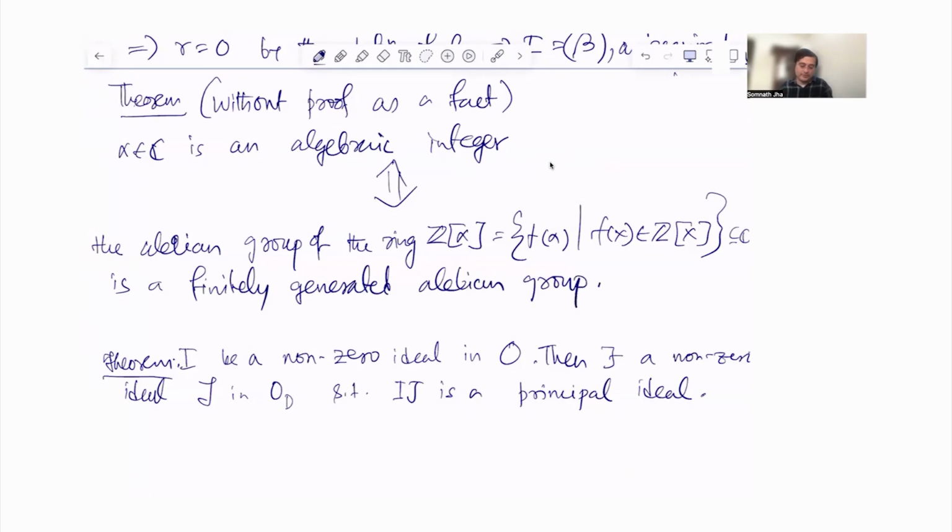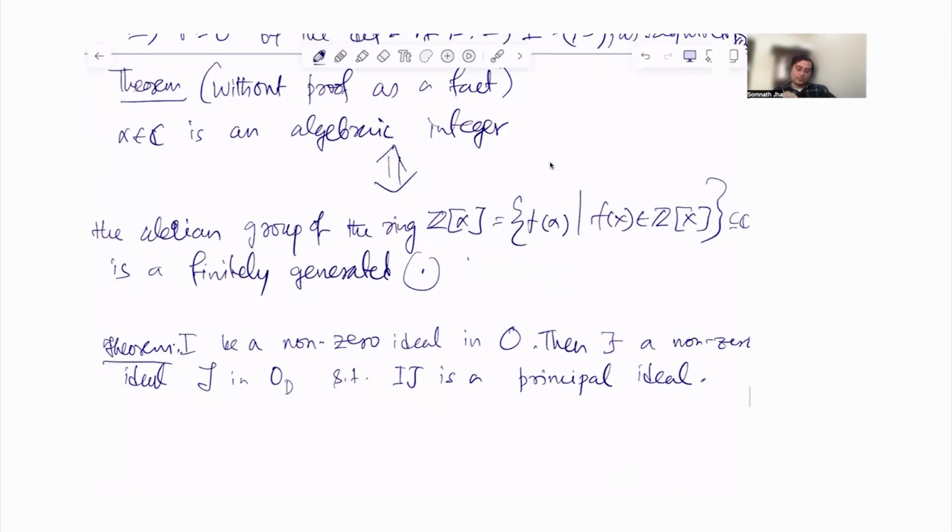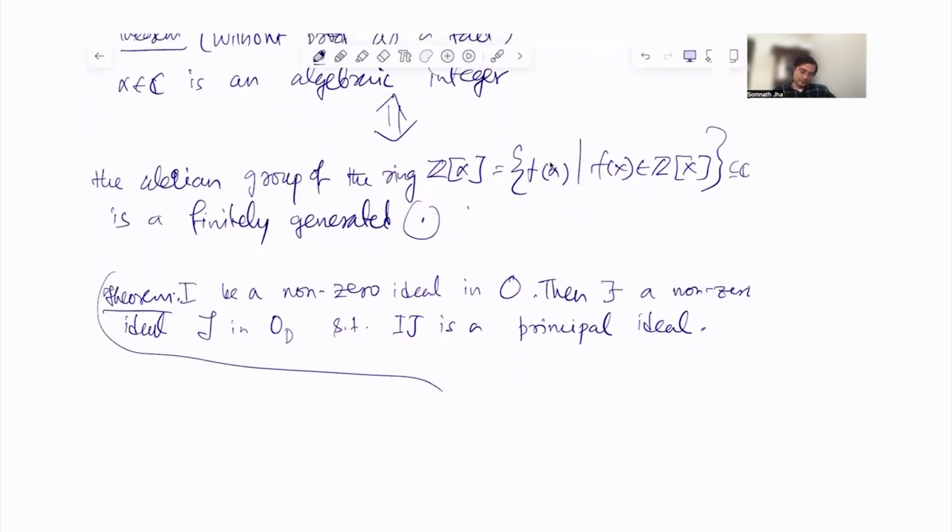So if you find a complex number alpha such that Z[alpha] is finitely generated as an abelian group, then alpha is an algebraic integer, and on the other hand, if alpha is an algebraic integer, then Z[alpha] is finitely generated. It is easy to see.